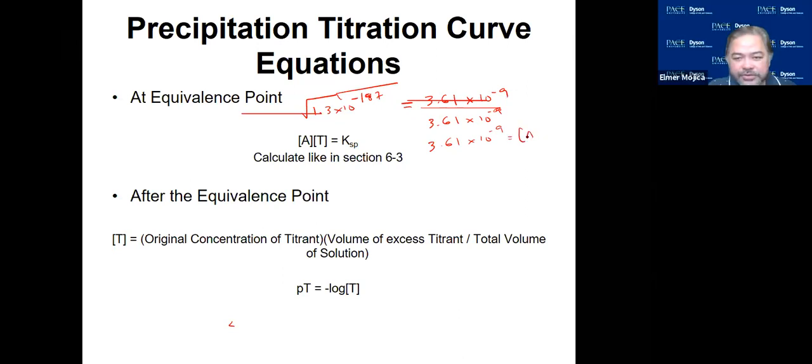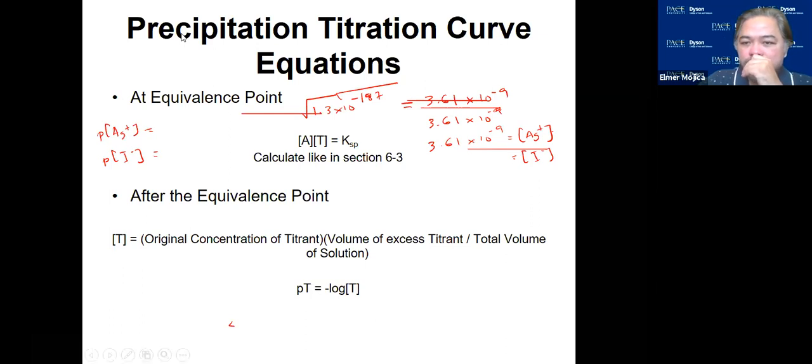So that is equivalent to your silver ion and iodide ion. So if you're going to get the pAg and pI, they should be the same. And that is equal to what? Anyone? The rest? So what's negative log of that number equal to? 8.44?